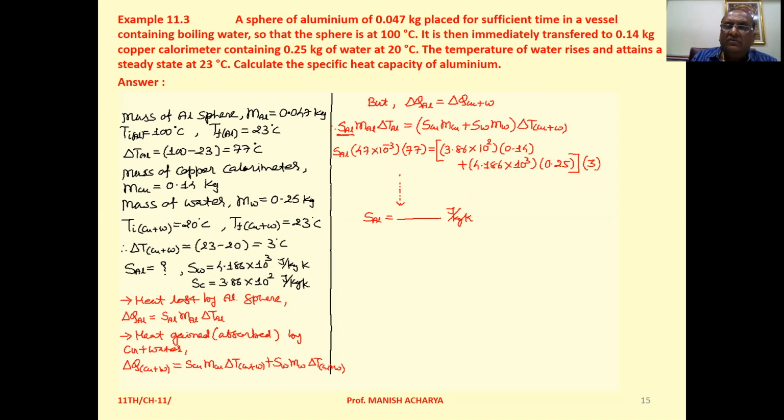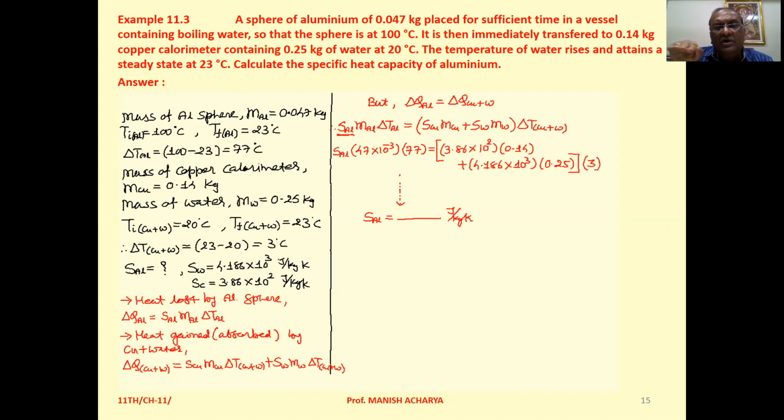Now, due to loss of heat, the temperature of the sphere reaches 23 degrees Celsius, and by absorbing the heat from it, the system made by copper and water increases in temperature up to 23 degrees Celsius.